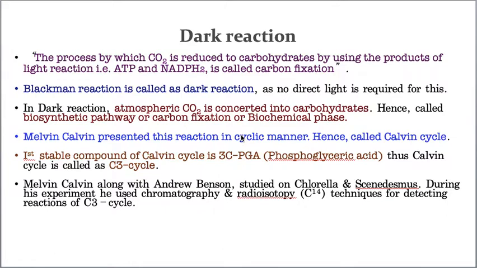With the help of these stomata, plants are able to take in atmospheric carbon dioxide. This carbon dioxide enters the mesophyll tissue and helps in the production of carbohydrates. So in the dark reaction, the atmospheric, I mean gaseous, carbon dioxide gets converted to carbohydrates.